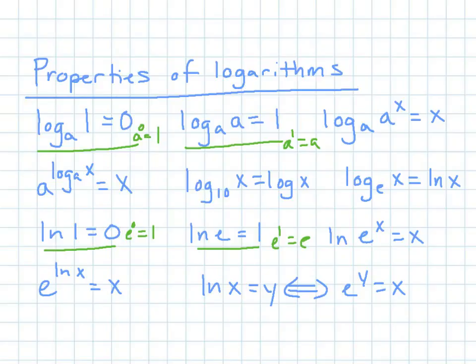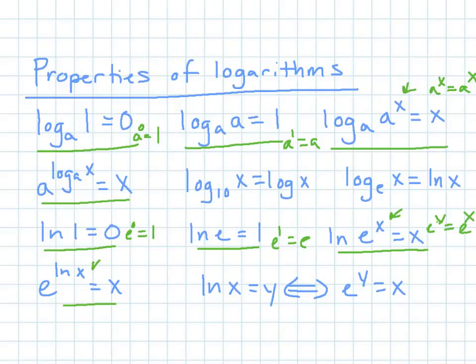Okay. Now, to go along with that, no matter what your exponent is, so like here, let's say you have just a random exponent. Okay, so a to the x, if I switch it to exponential form, equals a to the x. Okay, which is a fair statement. The x's should equal each other. Same thing with this one. If I switch it, e to the x equals e to the x. Okay? And then the last one is kind of the reverse for this one.